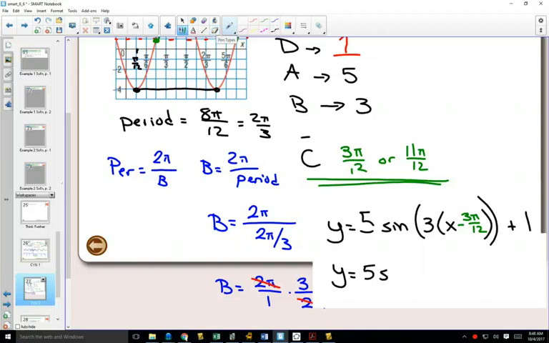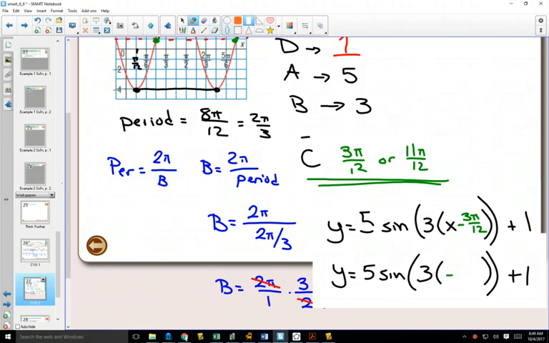The 5 stays the same, the sine stays the same, the 3 stays the same. The plus 1 stays the same. But if we chose the other starting point, we could have x minus 11 pi over 12.